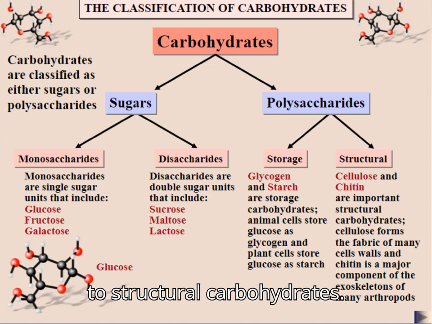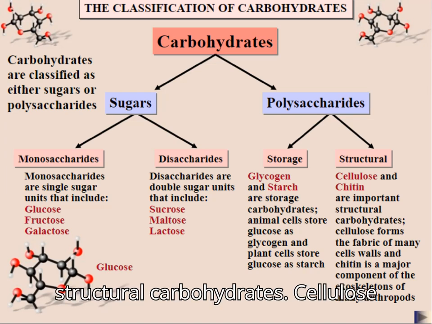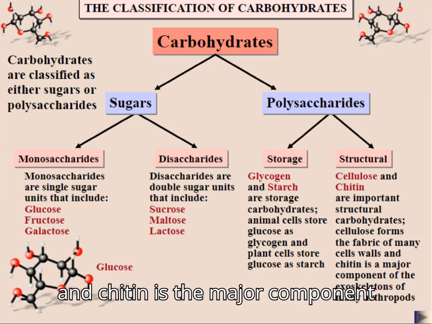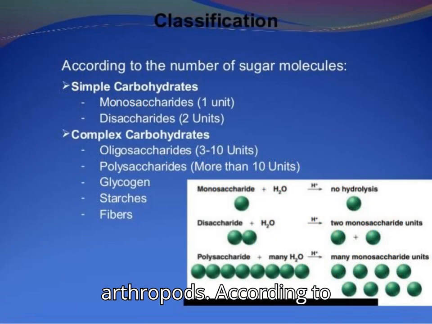Coming to structural carbohydrates, cellulose and chitin are important structural carbohydrates. Cellulose forms the fabric of many cell walls, and chitin is the major component of the exoskeleton of many arthropods.